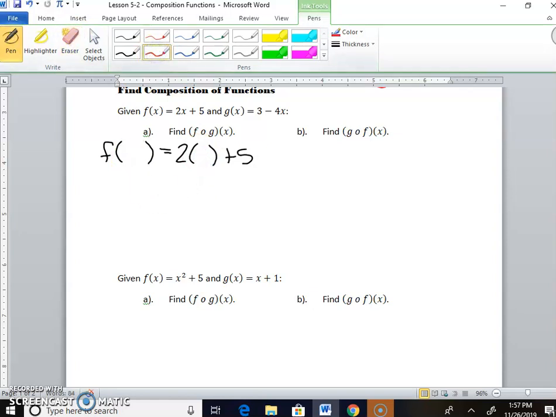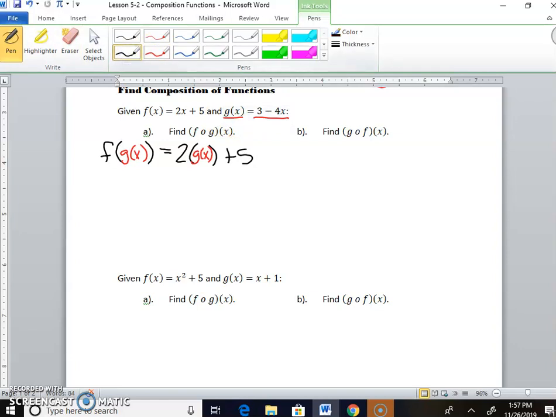So the difference is we discovered that this f open circle g of x means f of g of x. So if I have a g of x right here, what needs to get plugged in over here? Well, that would be g of x. Okay, now if I look up here though, g of x actually equals 3 minus 4x.